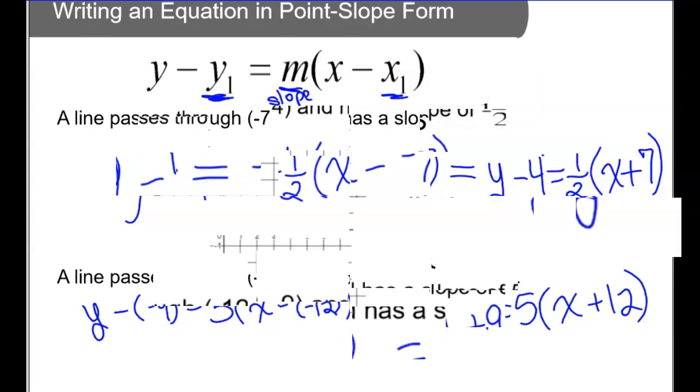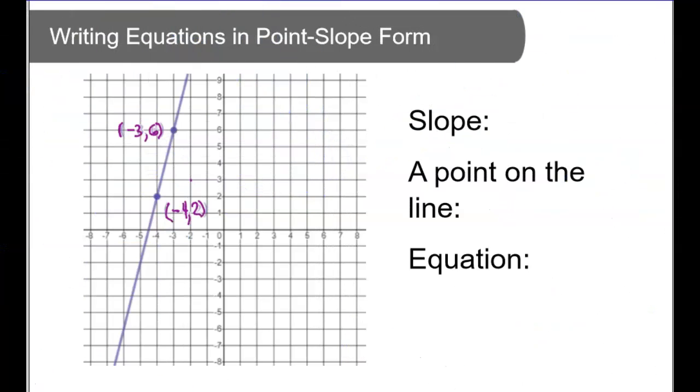All right, if you have a graph, then all we want to do is identify what's the slope and what's a point on the line, and then we can write it in point-slope form. So in the graph for this equation, my slope, well, if I start over here at negative 4, 2, and I go up here to negative 3, 6, I am going up 4, and I am going to the right 1.